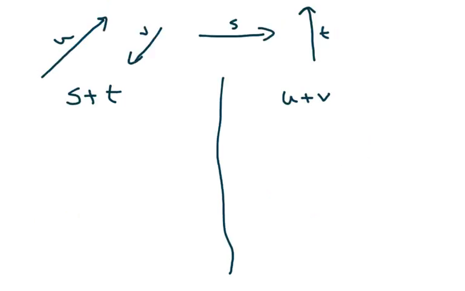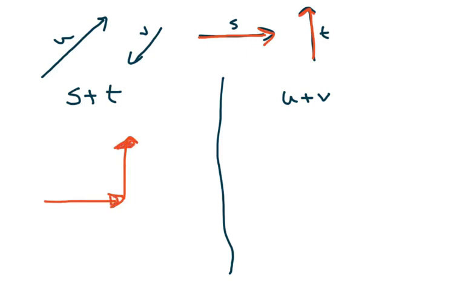Let's do a few more. I want to do S plus T, so what do I do first? I draw my S. Then I draw my T, which is straight up. Try to get the same length. Like I said, you can't be perfect on these.